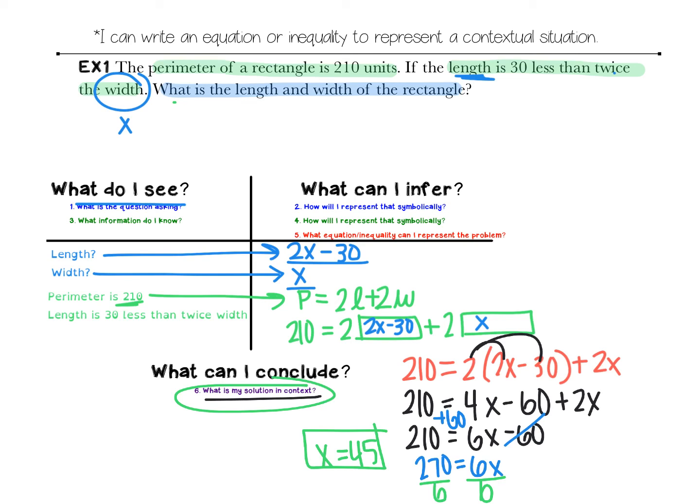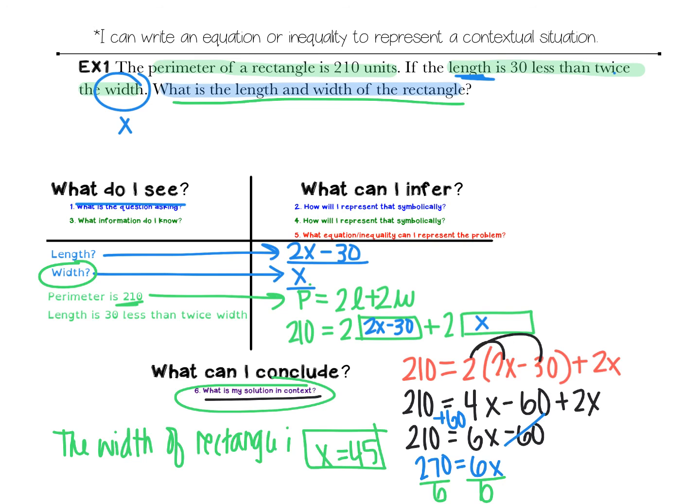So I go back to my question, and it asks for the length and the width. Well, I know that the width is x, so I can say that the width of the rectangle is 45 units.